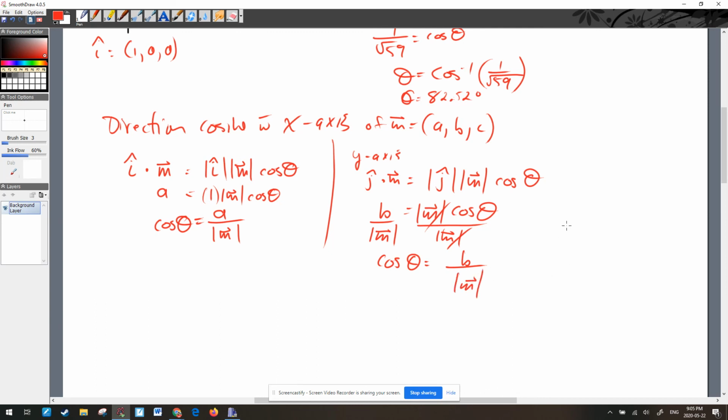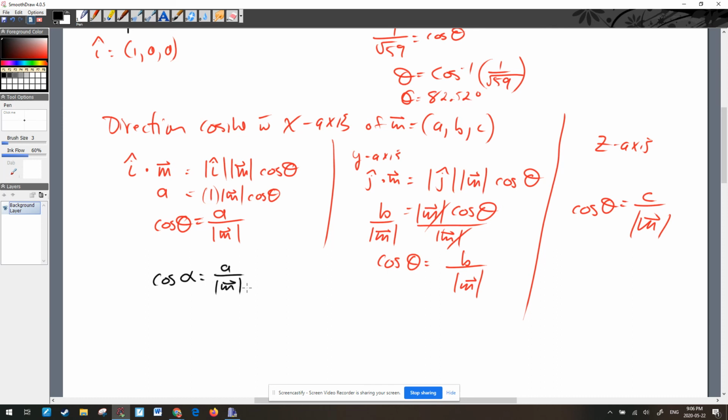And by some extrapolation, we would know then for the z-axis, and you could derive that on your own if you really chose to, the cosine of theta is equal to c over the magnitude of m. So those three things, maybe I should write them with the appropriate names. The cosine of alpha is equal to a over the magnitude of m.